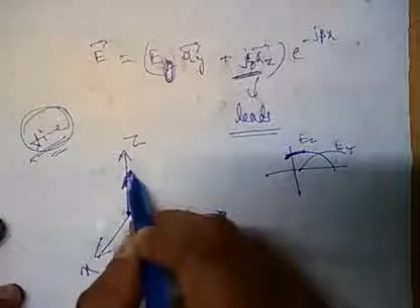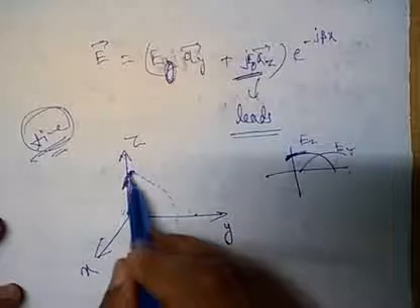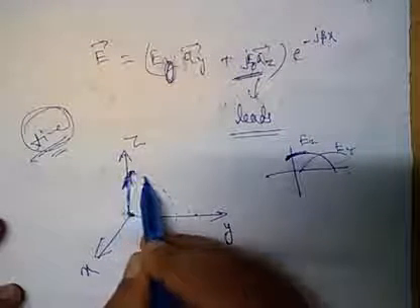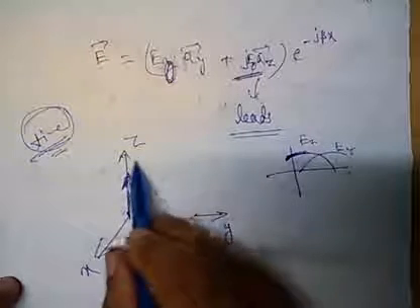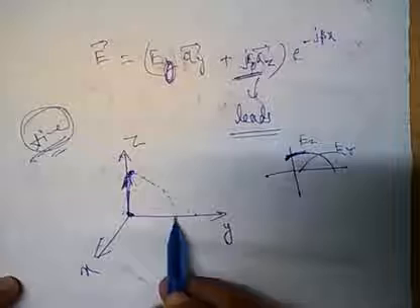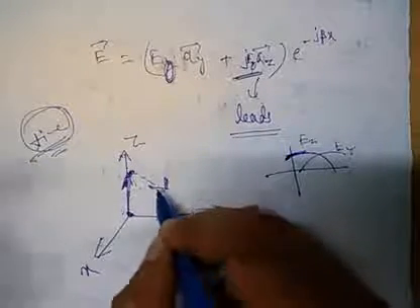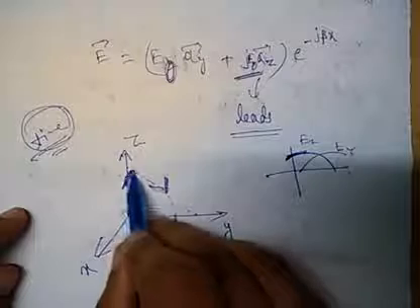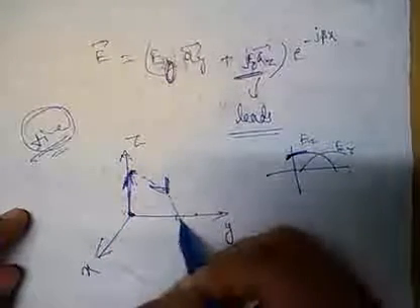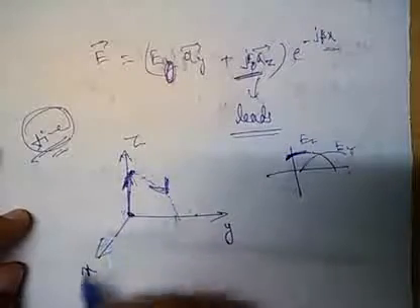So the tip of the electric field will follow this path: initially it will be towards z, and as time goes this part decreases and this part increases. So what we can see is the direction of the tip of the resultant electric field travels this way, and the direction of the EM wave is the x-axis.